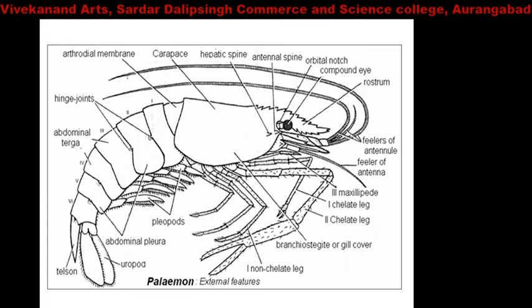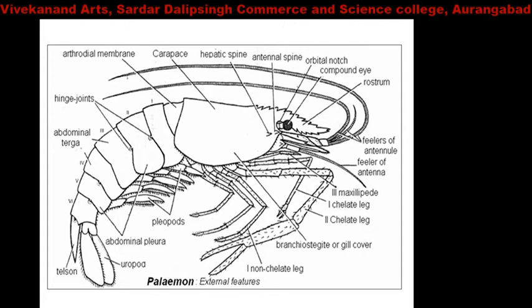Generally, the body of prawn is divisible into the cephalothorax and abdominal region. Cephalothorax is a fusion of head and thorax region, and it leads to the abdominal part.